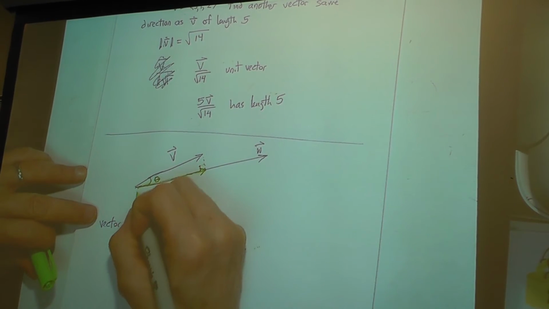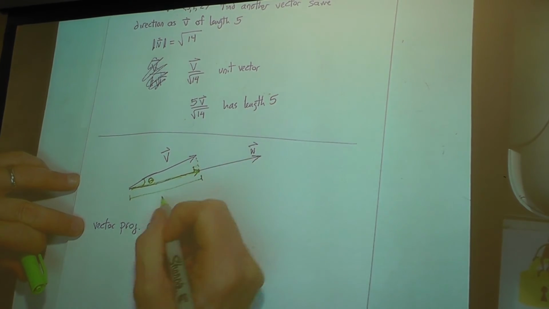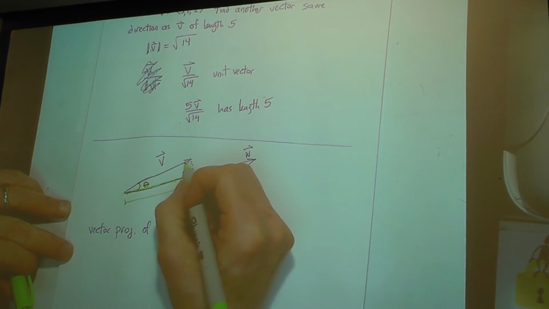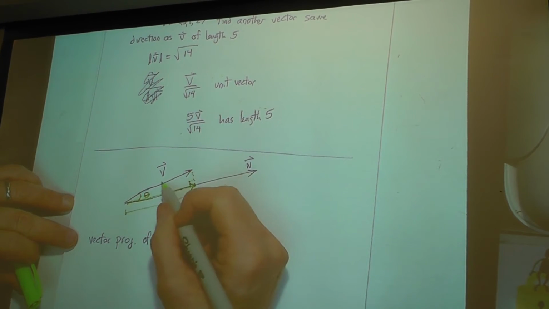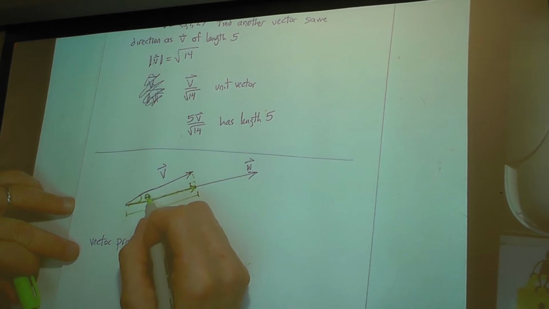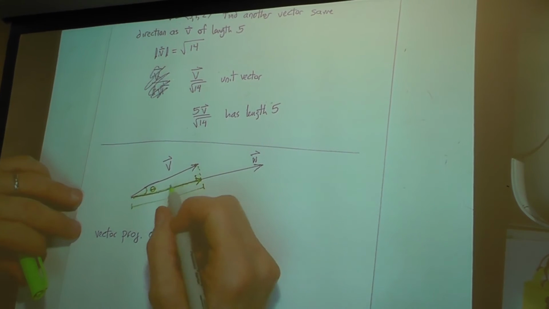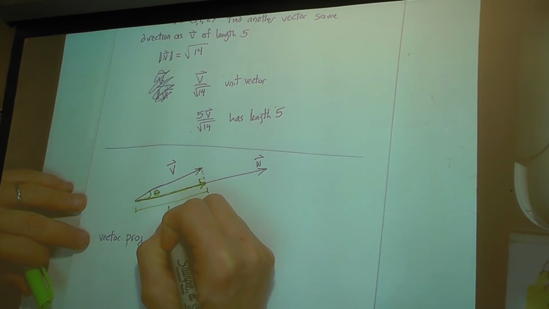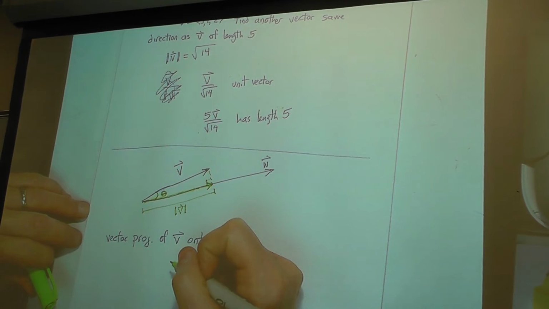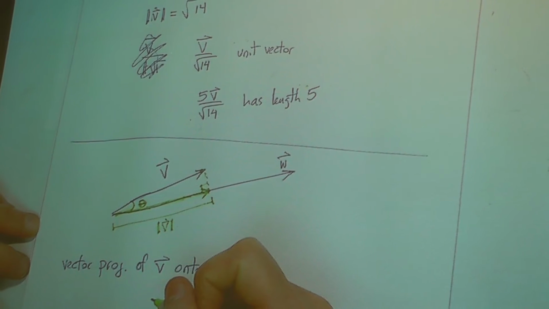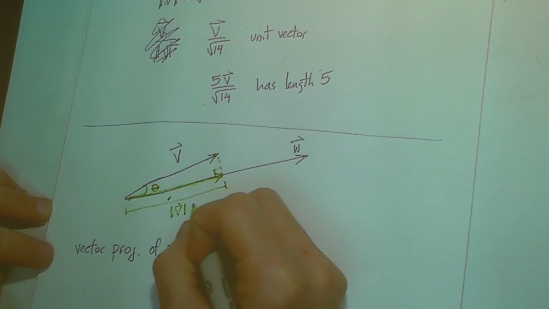So to begin with, you've got to write a triangle. This vector V, you know its length, the magnitude of V. We have a symbol for this angle. This length, using just basic trig, is the magnitude of V multiplying the adjacent to theta, so cosine of theta.